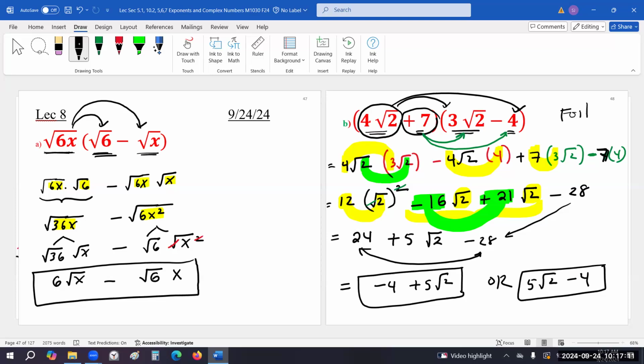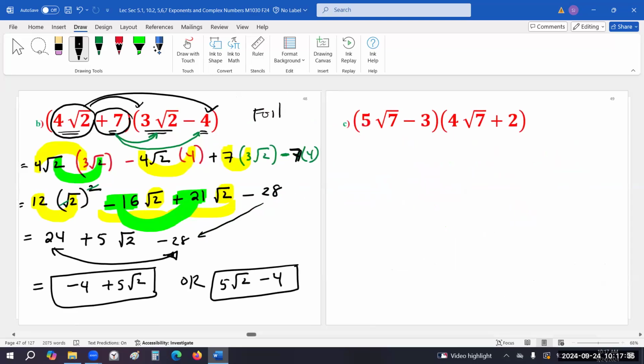And I believe one of them will be in the final exam. Any question on this? Was any step unclear, confusing?